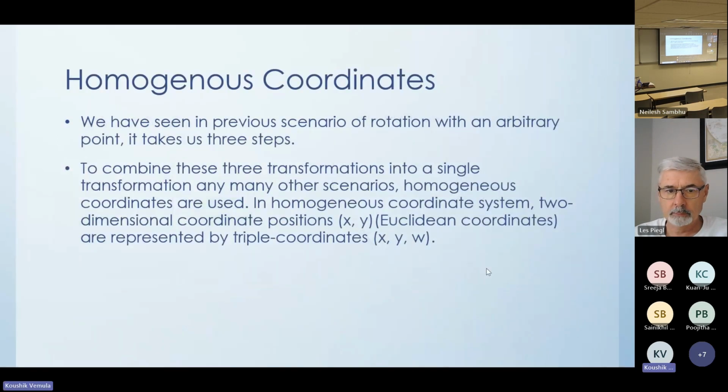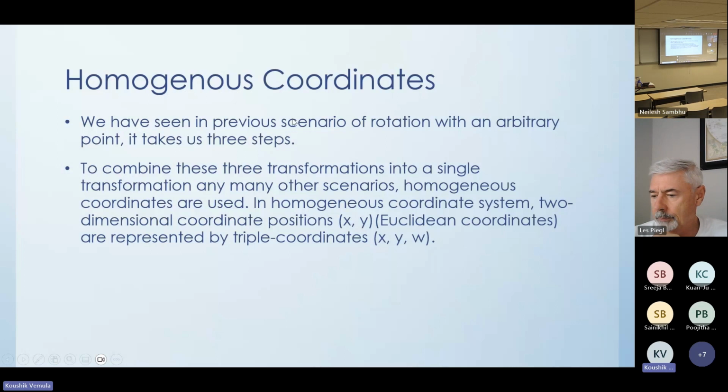The next concept we're going to discuss is homogeneous coordinates. First, why do we need homogeneous coordinates? It's just a different way of representation, but why do we need one?